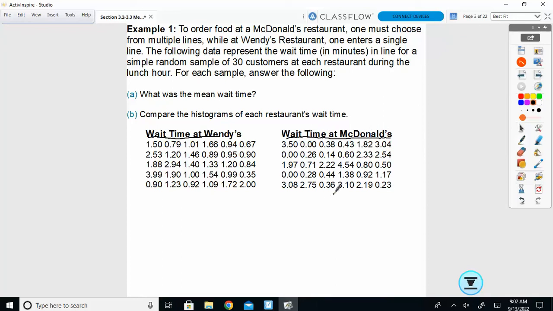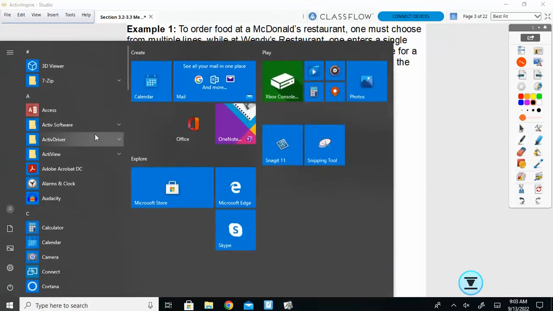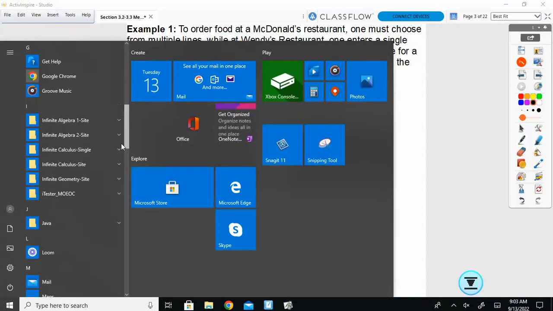Add them all up and divide by the total. Would these be x bar or mu? X bar, it's a sample. It even tells us up here a random sample. It would be easiest to do this on the calculator. So we talked about finding this stuff on the calculator.